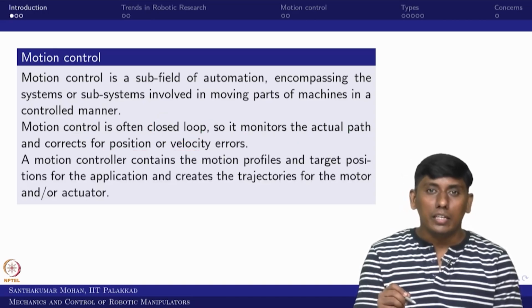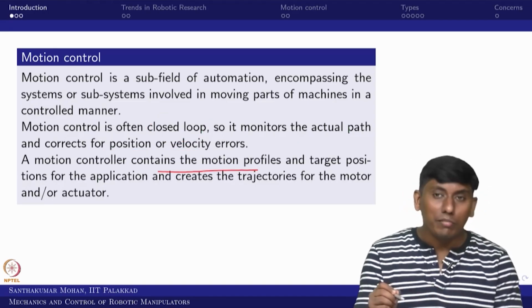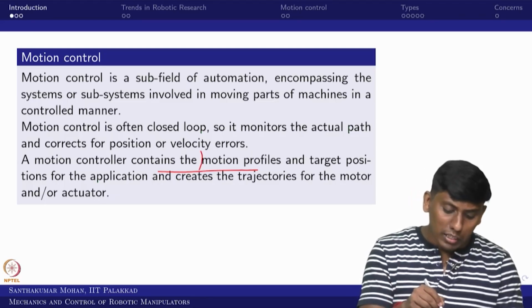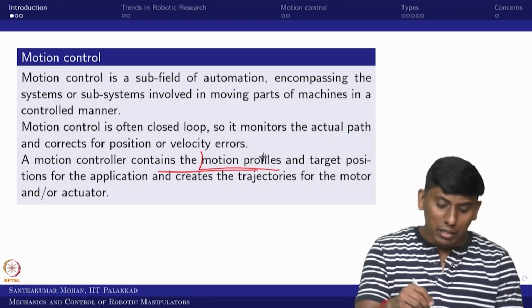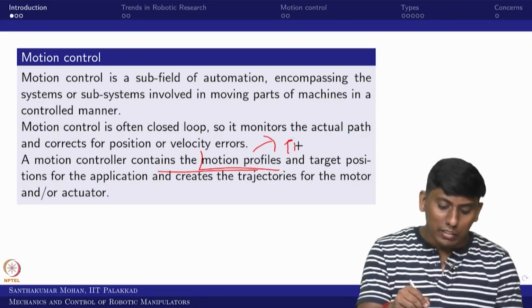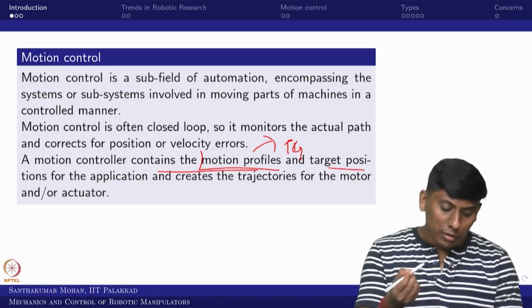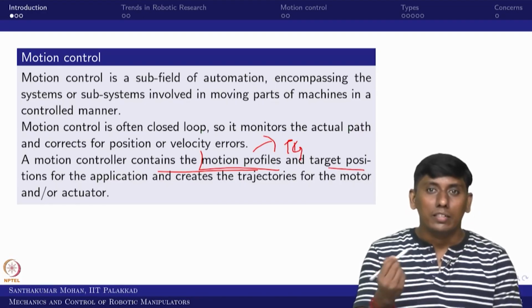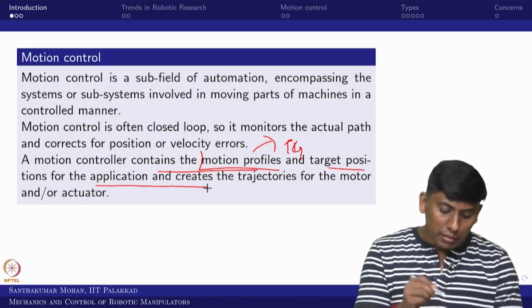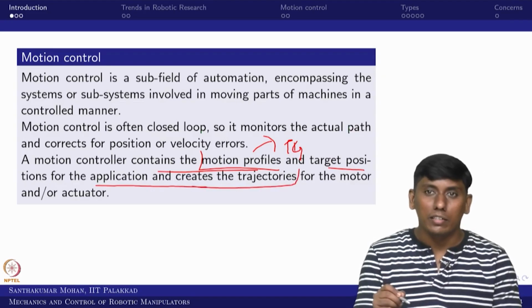Okay. So the motion control contains several things. One important thing is the motion profile, which we have already seen in trajectory generation, which we simply call TG, and the target position, sometimes called set point control. We have done up to trajectory generation.